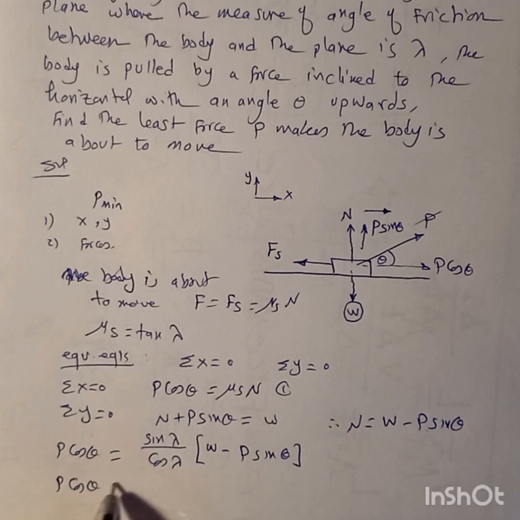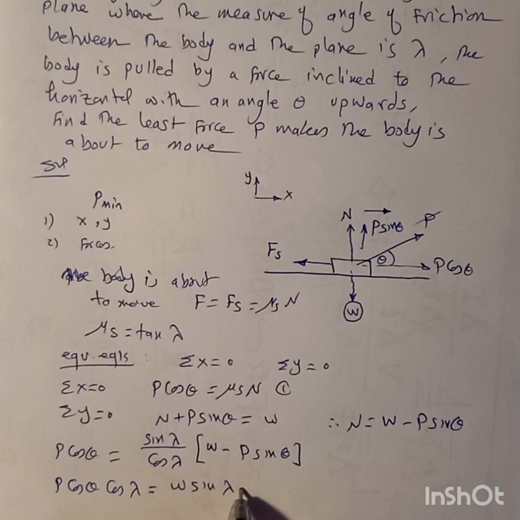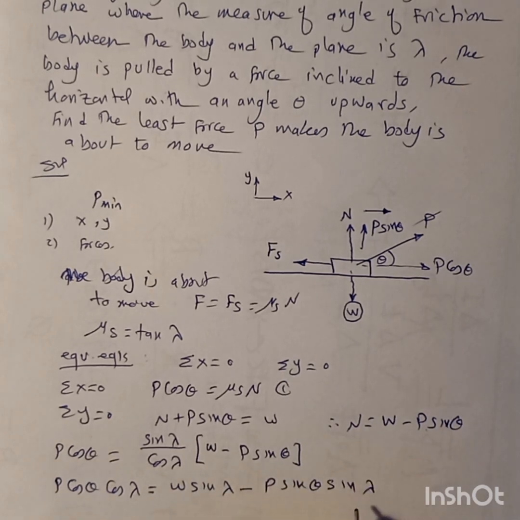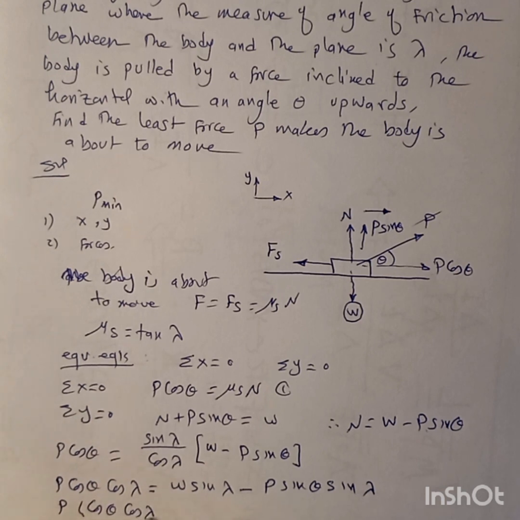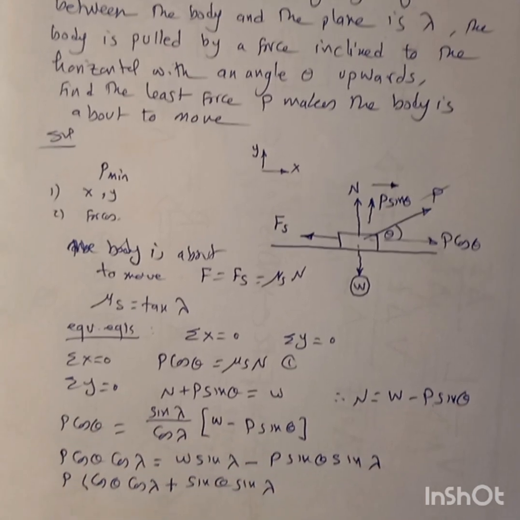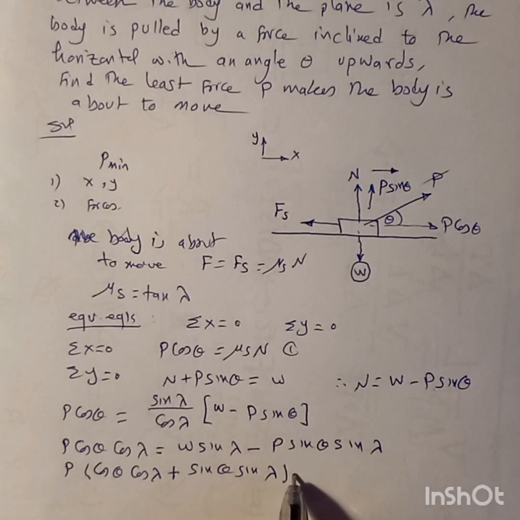Then P cosine theta cosine lambda equals W sine lambda minus P sine theta sine lambda. Now we can move this to this side. Then we have P as common factor, cosine theta cosine lambda plus sine theta sine lambda. This equals W sine lambda.